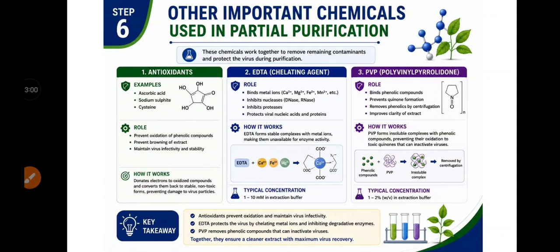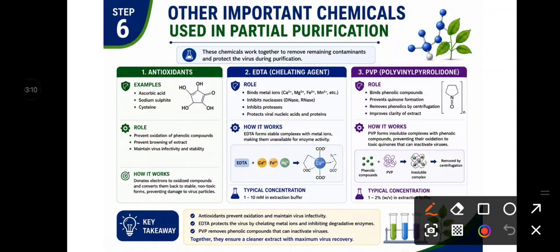So during extraction, if nucleases or proteases are released from the plant cell, they may degrade the viral protein as well as the viral nucleic acid. So EDTA, by chelation, prevents the metal ions from acting with the nucleases and proteases, because these enzymes require a metal ion, that is the cofactor, to become active. Without metal ions, they become inactive. Okay, this is about the chelating agent.